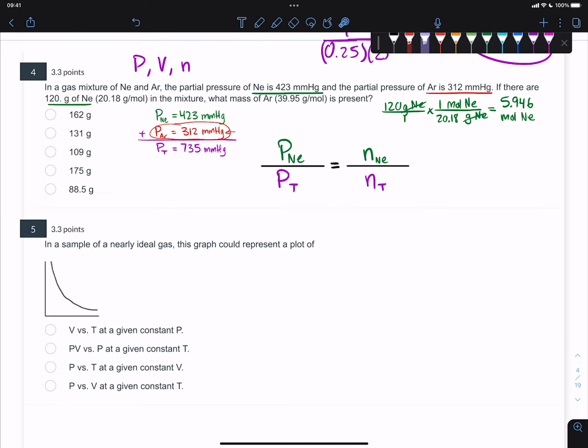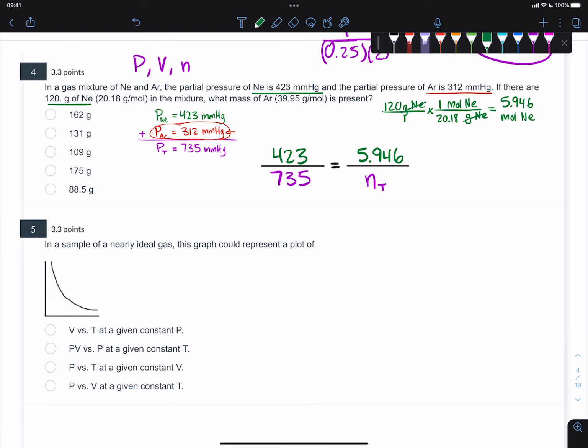To do that, let's do some replacements. The partial pressure of neon is 423 millimeters of mercury. We also figured out the total pressure. The total pressure is 735. Let's put that here, 735 millimeters of mercury. We know, based on our molar conversion, that 120 grams of neon in this container is really just 5.946 moles of neon.